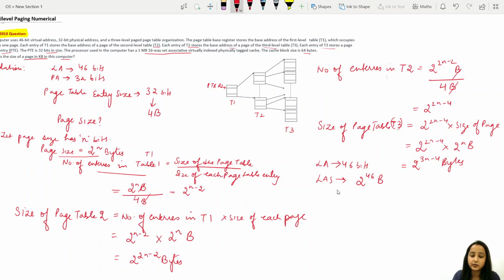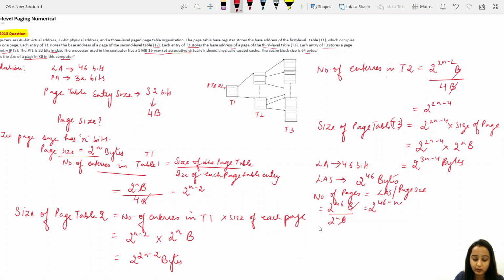Number of pages will be logical address space divided by page size, that is 2 raised to power 46 bytes divided by the page size, 2 raised to power n bytes. It will get cancelled. It will be 2 raised to power 46 minus n.